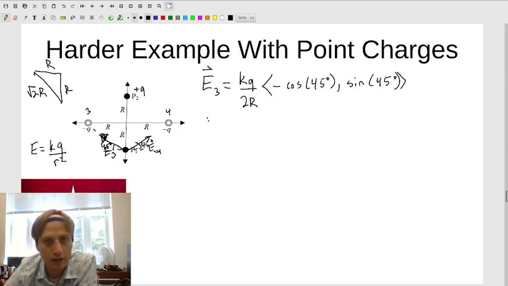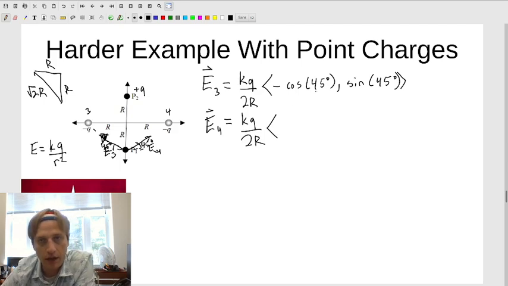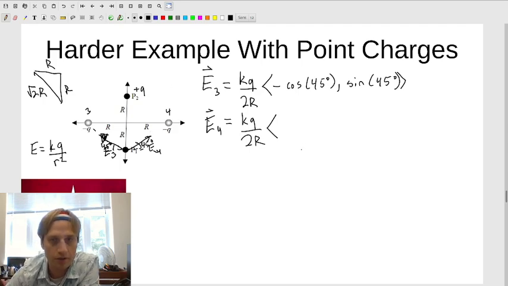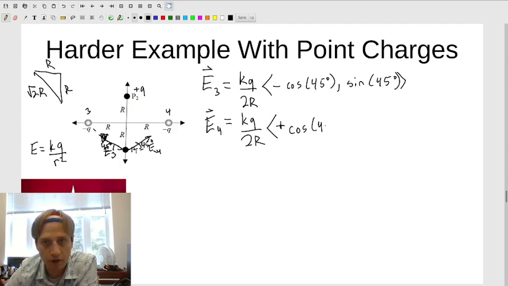And then my E4, same magnitude, because it's the same distance away, same charge, so KQ over 2R. And then the x component is in the plus x direction, the y component is in the plus y direction, so this would be plus cosine of 45 degrees plus sine of 45 degrees.